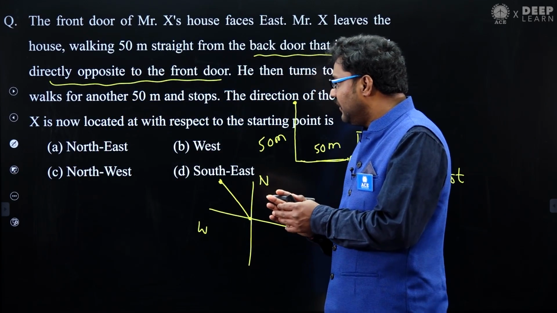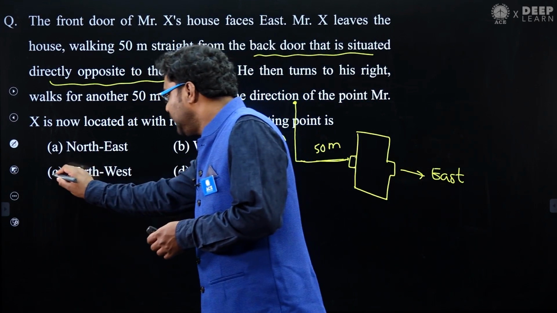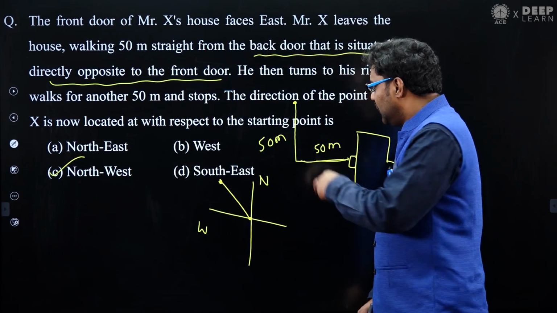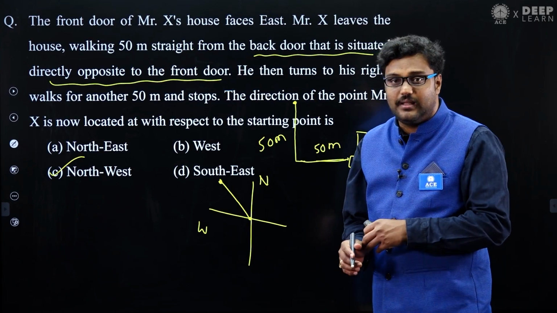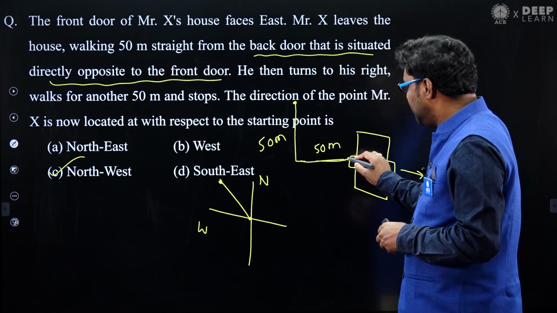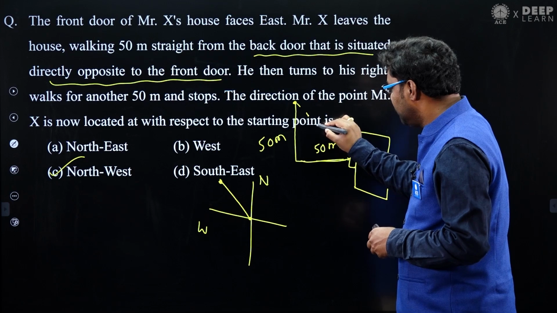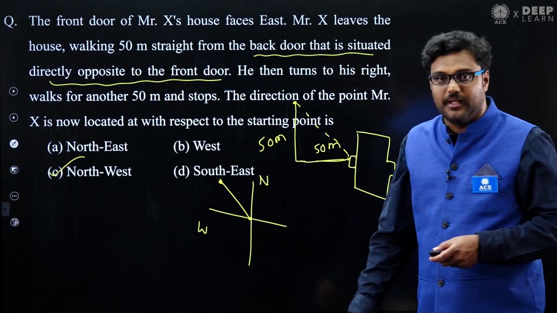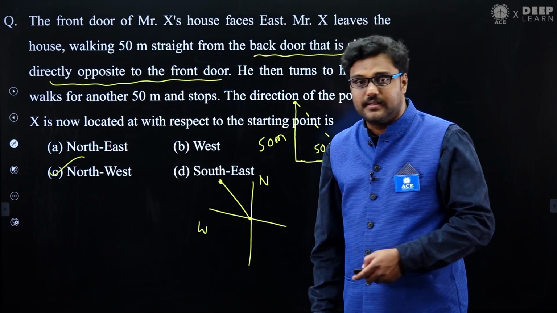They're asking only the direction. 50 meters towards west, then 50 meters towards north, so he is now northwest with respect to the starting point. So northwest is the answer. Got it?